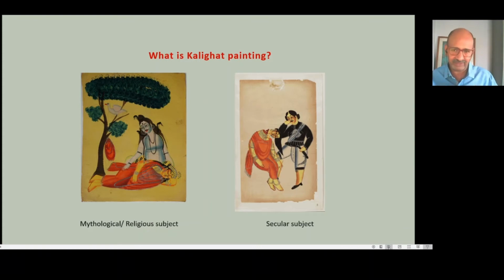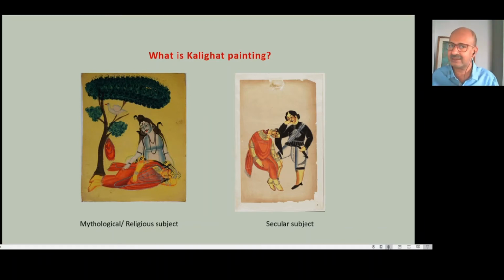So before going further into the subject matters, just on the basis of these two examples, let me say that Kalighat painting covers a huge range of subject matters. On the one hand, Kalighat painters did a number of paintings based on religious and mythological subject matters.